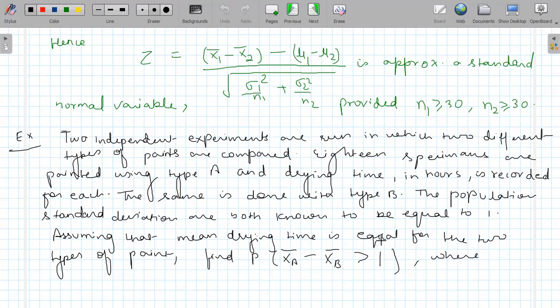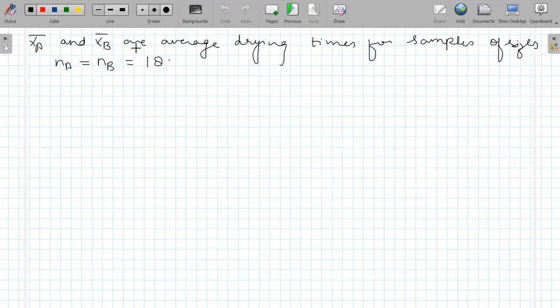Assuming that the mean drying time is equal for the two types of paints, meaning both populations have the same mean and the same standard deviation, we have to find the probability that the difference of the average drying time of paint A is more than 1 hour greater than that of paint B. That is, the difference XA minus XB is greater than 1. That is what it means, where XA bar and XB bar are average drying times for samples of size nA equal to 18 and nB equal to 18.